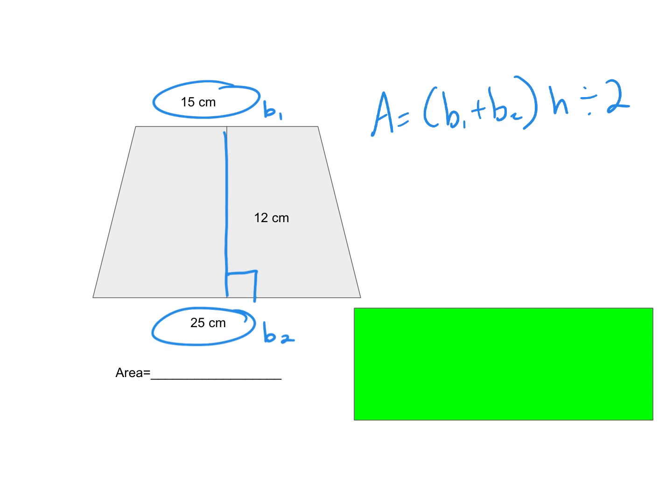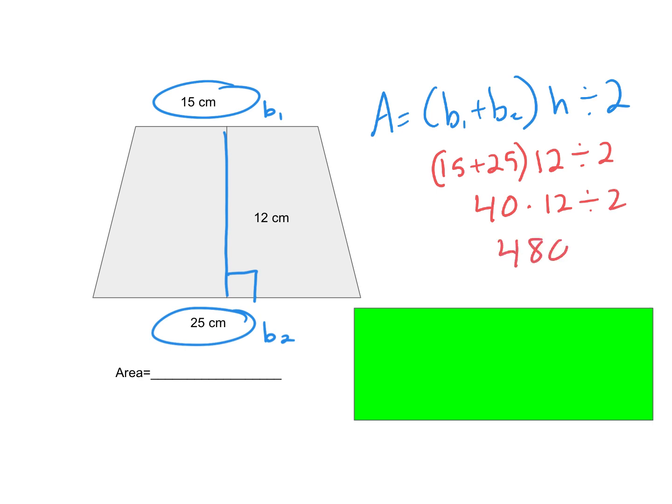So to solve this, we would use 15 plus 25. We have to have a parentheses so we do our order of operations correctly, times 12 divided by 2. 40 times 12 divided by 2. 480 divided by 2.